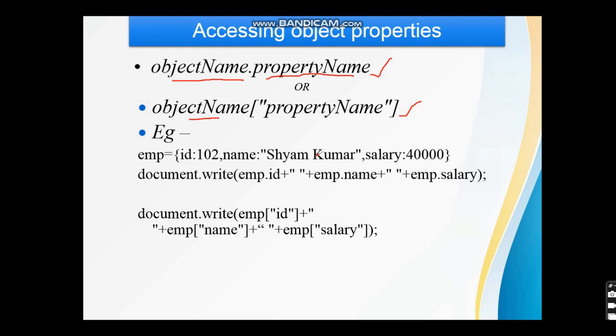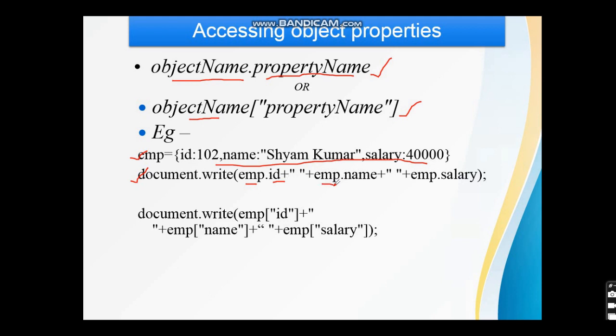So here you can see this is the example I have taken. If I am declaring an object employee with these properties and the values, then how are we going to access these properties in our JavaScript? This is how we are going to do it. Document.write emp, which is the name of the object, dot, this is the property of the emp object.